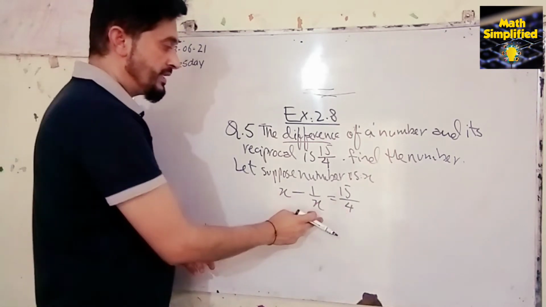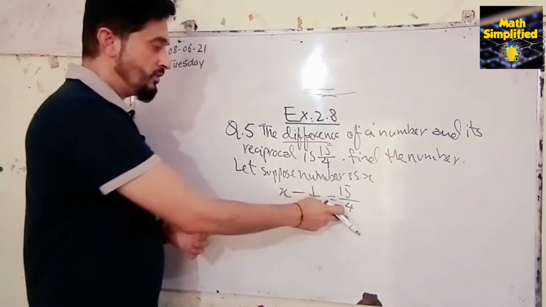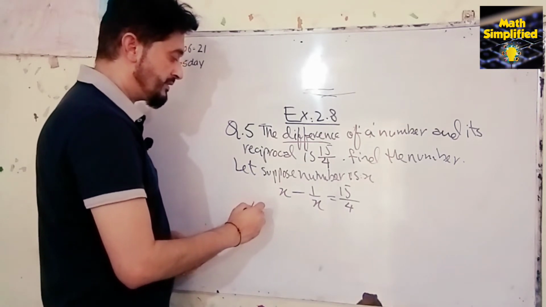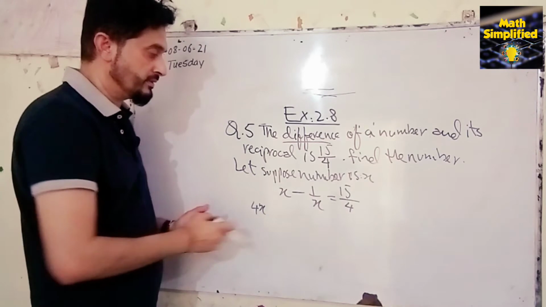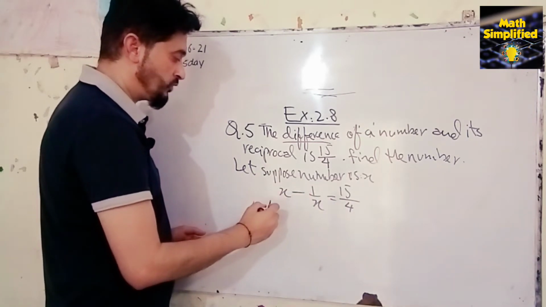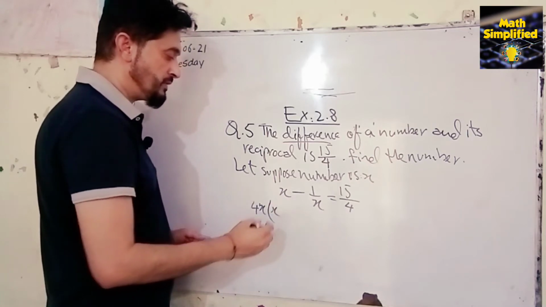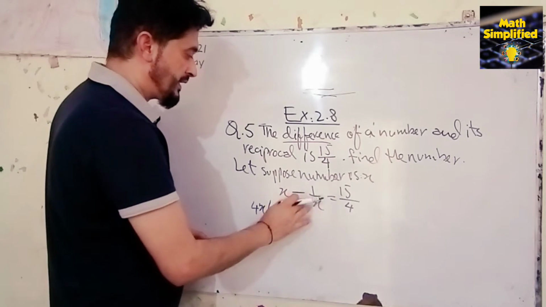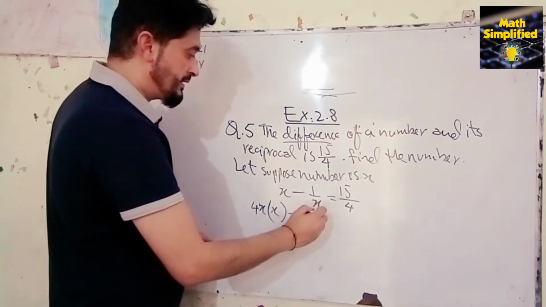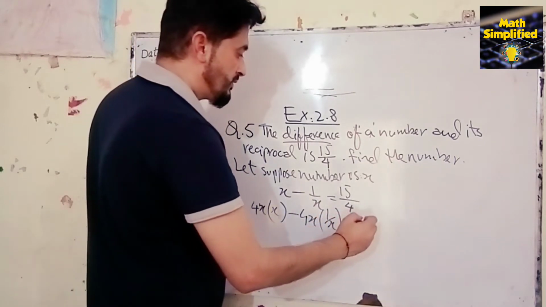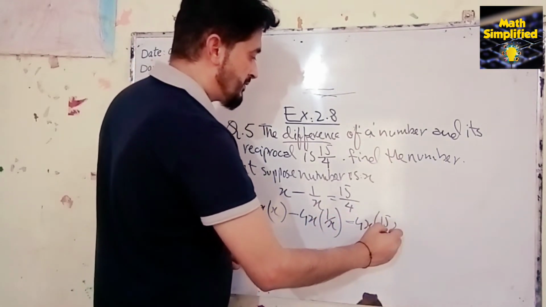So here we can take common 4x and multiply the whole equation with 4x. First we multiply 4x with x, then minus, then 4x multiplied with 1 over x is equal to 4x multiplied with 15/4.